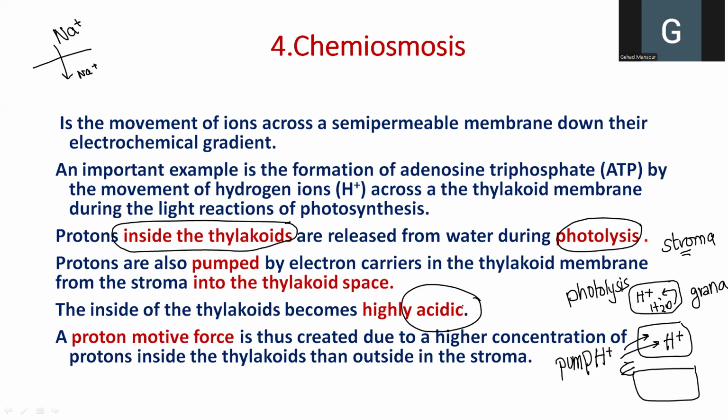The pumping of those hydrogen ions into the granum not only causes the inside of the granum to be more acidic, but it also results in a motive force for the protons, meaning that there will be a higher concentration of protons inside the thylakoid than outside, and this will help diffusion, or chemiosmosis, of protons from the inside to the outside.